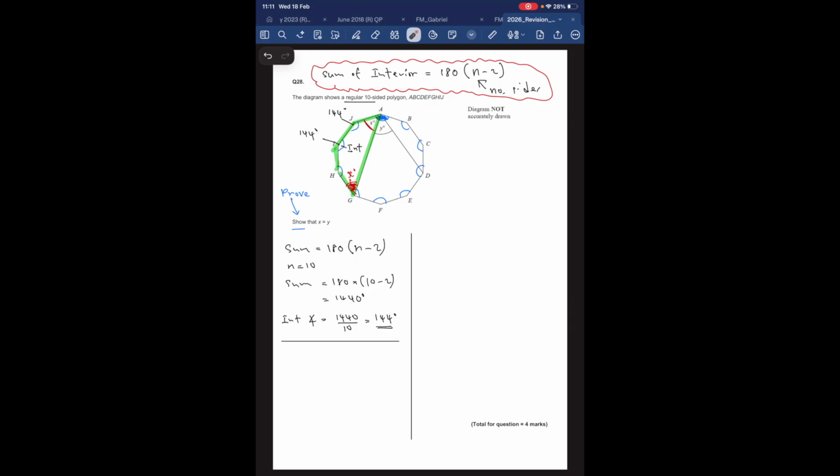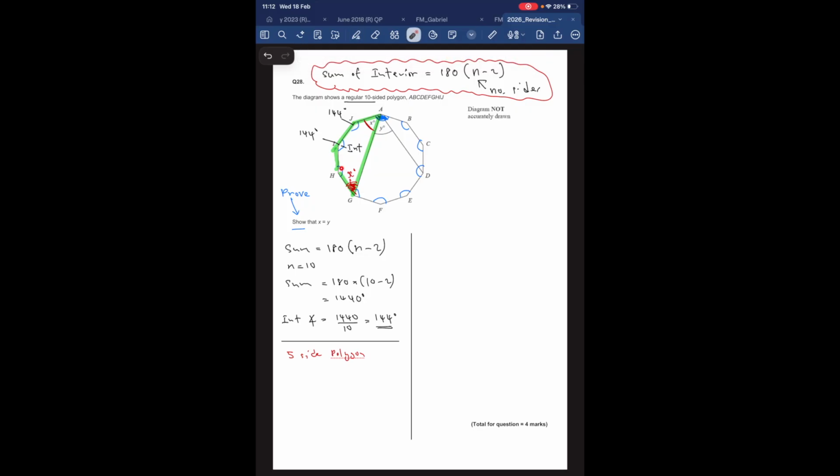We know that each of these interior angles is 144 degrees. Now, if we look at the green highlighted polygon here, it's got 1, 2, 3, 4, 5 sides. So we've got a 5-sided polygon. We can work out what all of those interior angles must add up to.